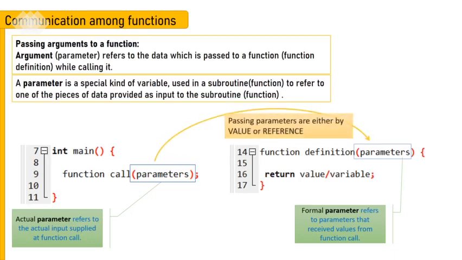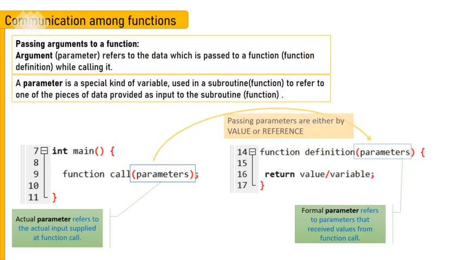After receiving the parameters, the function definition will execute all the statements, and sometimes it needs to return a value to the caller, or function call, or to other functions.